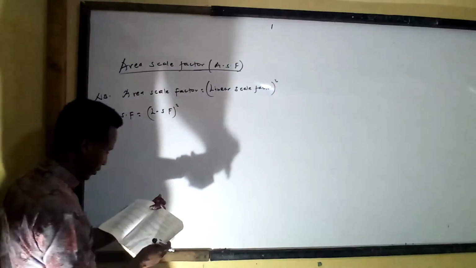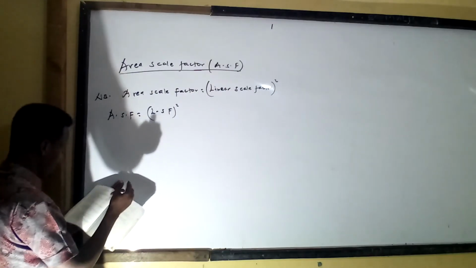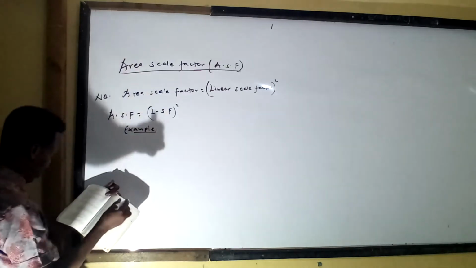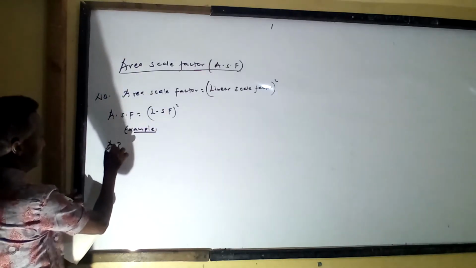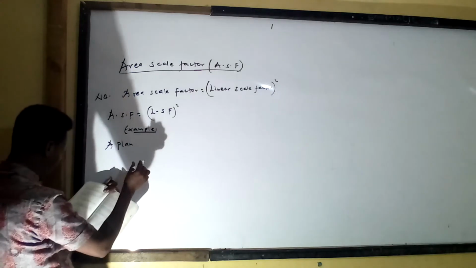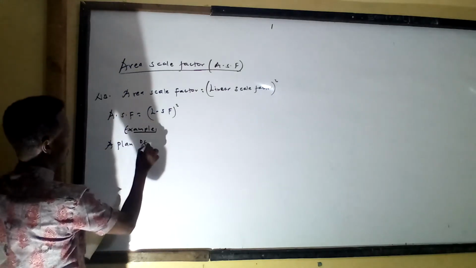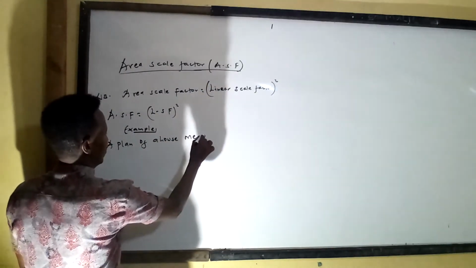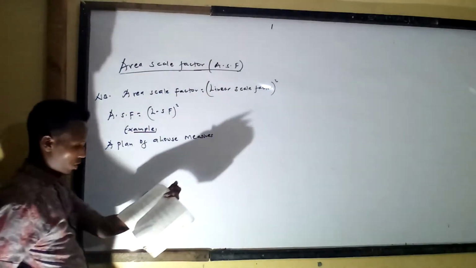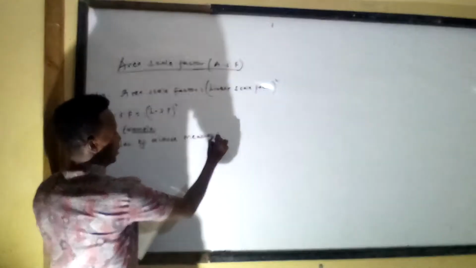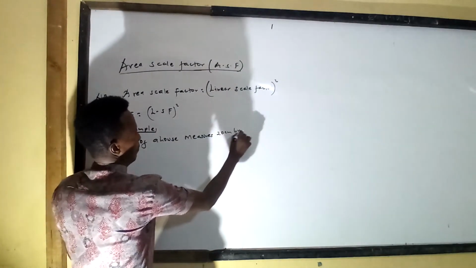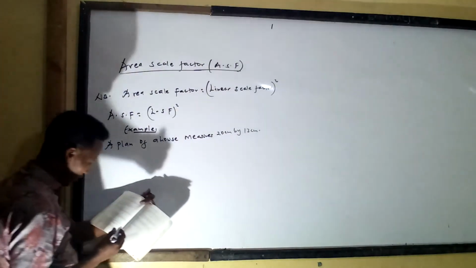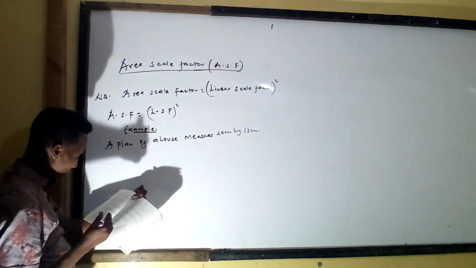Let's see this one. Example 1. You are told a plan of a house measures 20 centimeter by 13 centimeter.